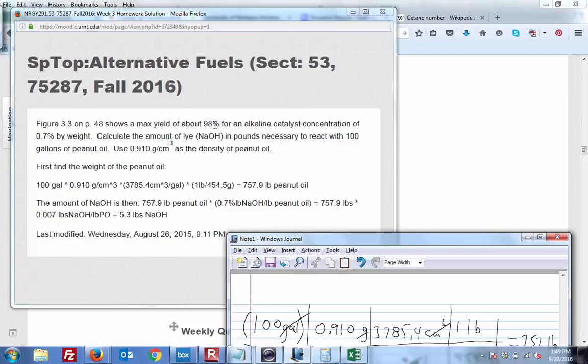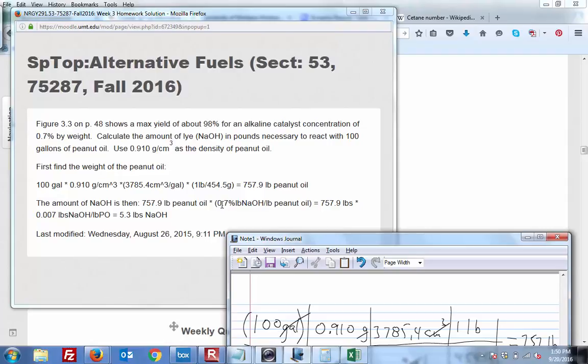So max yield of about 98% for an alkaline catalyst concentration of 0.7% by weight. We're coming in with 757 pounds of peanut oil, and we're aiming for 98% yield.